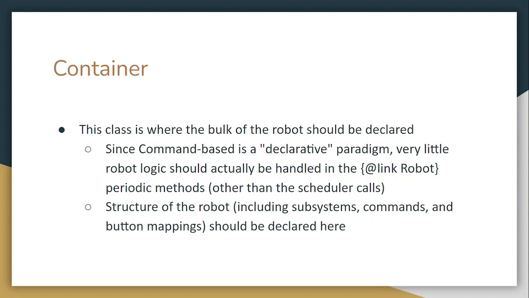So what this means is basically the container only declares all the robot logic, but very little of that logic is actually handled in the container, but rather done through the commands and subsystems. They are declared here and they're used. The structure of the robot, including system commands and button mapping, should all be declared here.